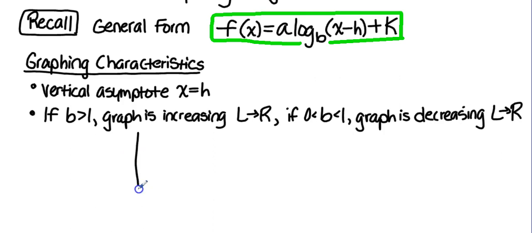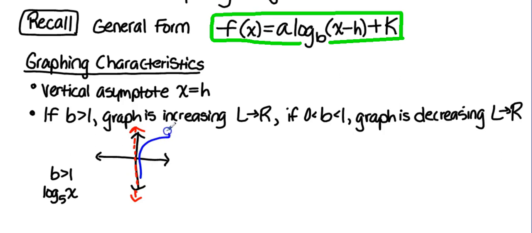So if we draw ourselves a quick little picture here, let's first look at b greater than 1. So for example, log base 5 of x. That b value is greater than 1. I have no horizontal shift, so that means my vertical asymptote would be at 0. And left to right, this graph is increasing.